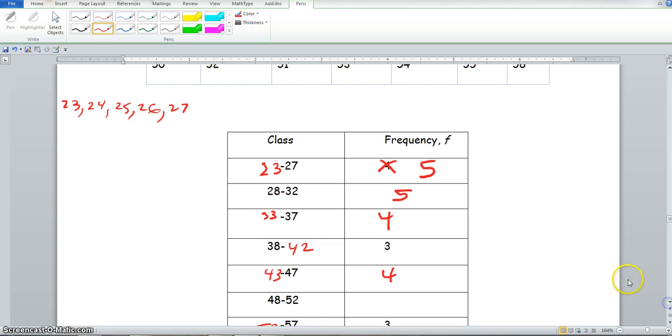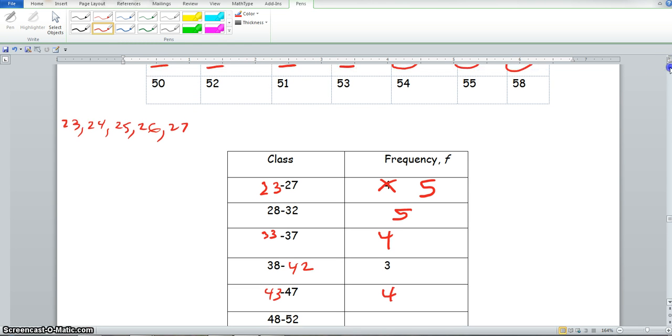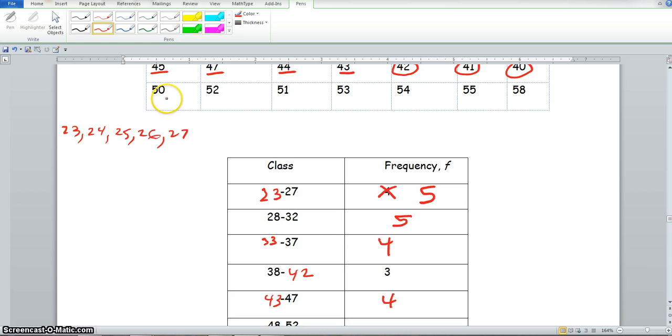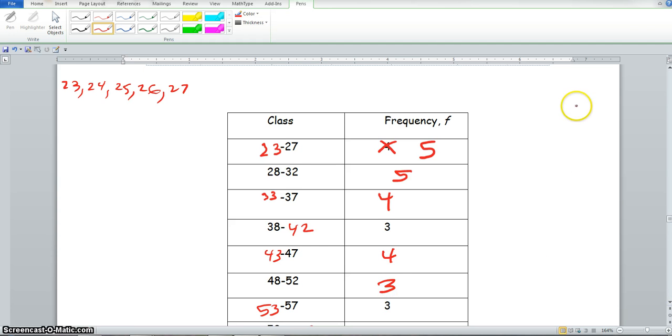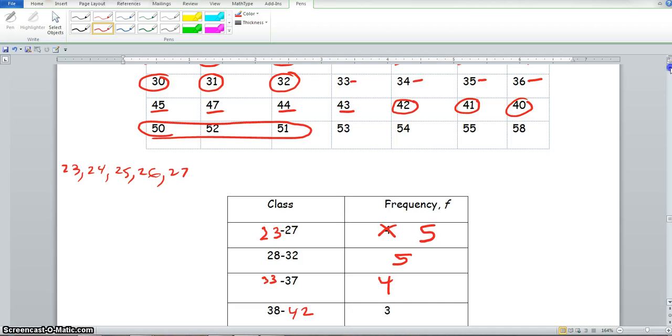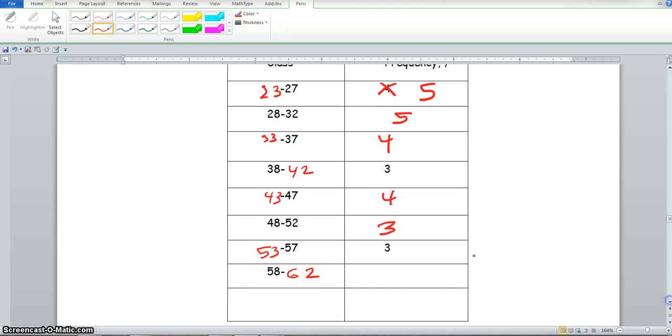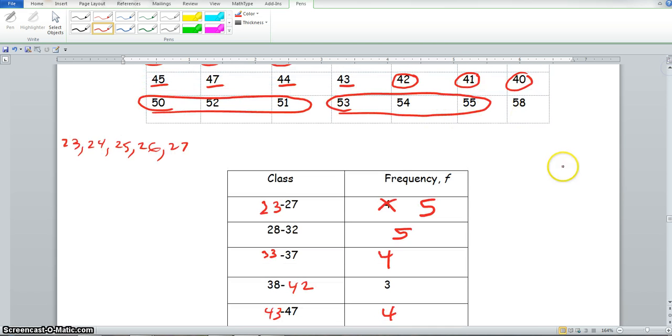Now our next group is 48 through 52, which will cover these numbers here, which is 3. Now we have 53 to 57, which will cover these 3 numbers here. And as you saw, in the 58 to 62 range, we only have one number, 58.